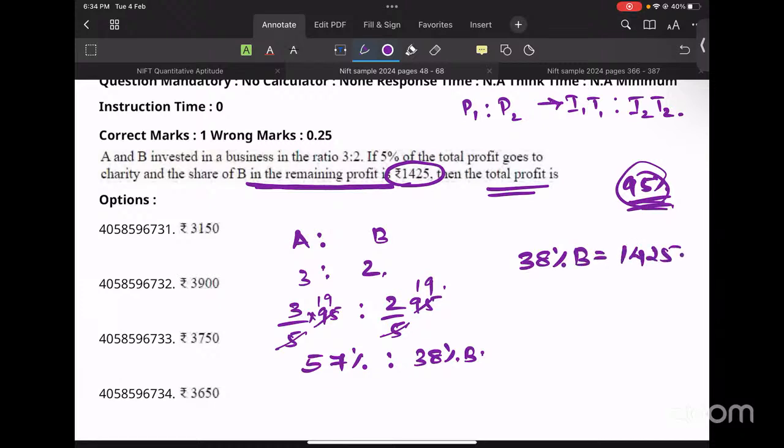So the total profit is what the question is asking about. Sorry, we shouldn't write B here. 38% of X is given as 1425. The question is asking you about 100% of X. So X equals 1425 into 100 by 38.